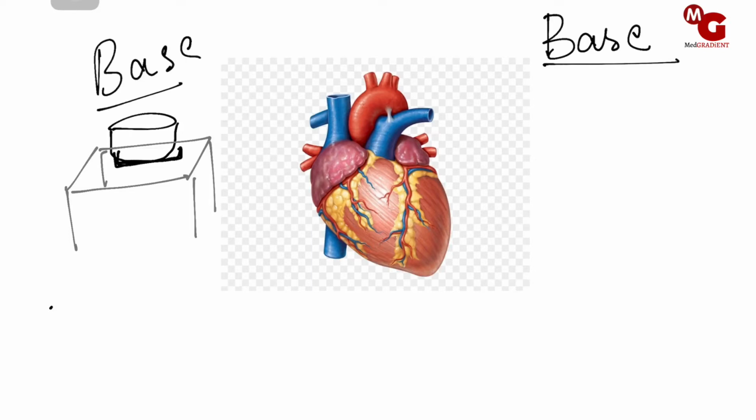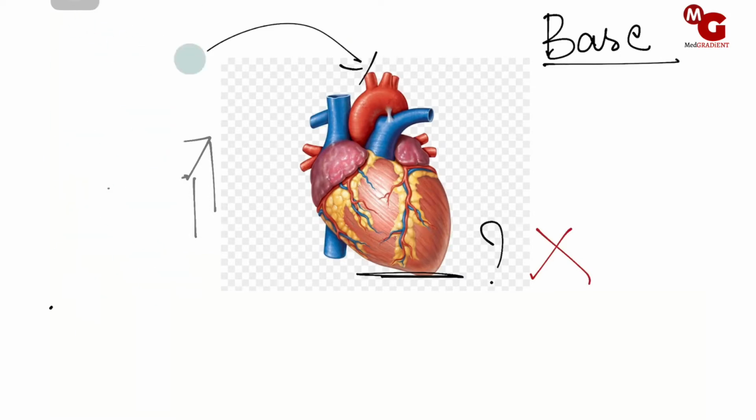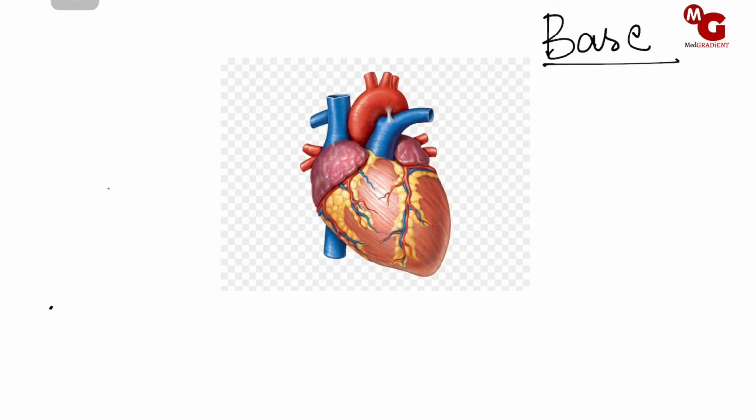So when we compare this bowl to our heart, where exactly should the base be? Is it over here? No, you're wrong. Why? Because when we have the specimen, our heart, put on the diaphragm, that is where it rests, so the base actually is over here.